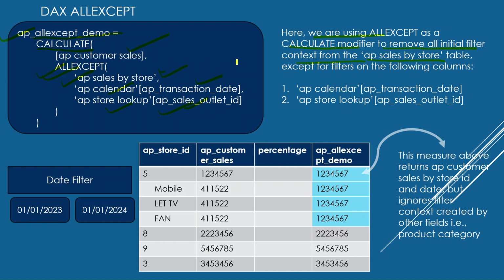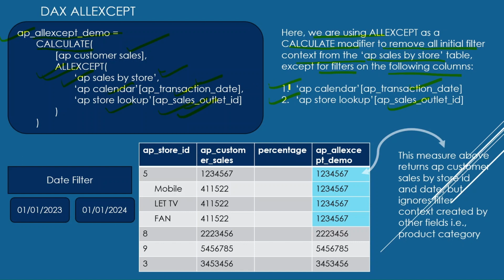If any filter is applied on a column present in this table, it will not work, except the filters on the following columns. So all the filter context will be removed except the filter context which comes from these two columns, AP transaction date and AP sales outlet ID, which are part of the ALLEXCEPT function.